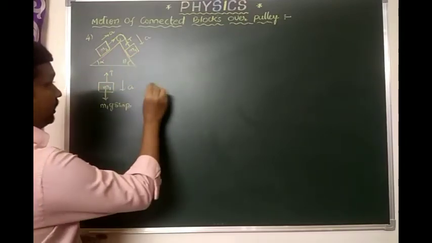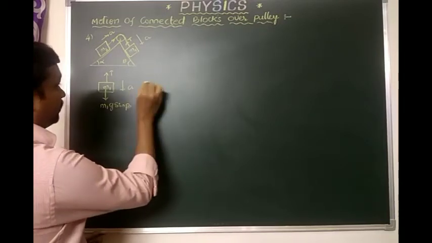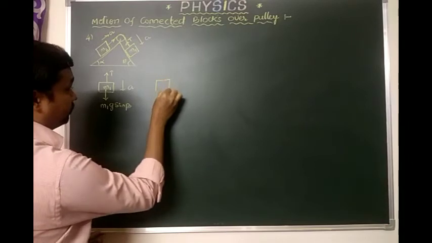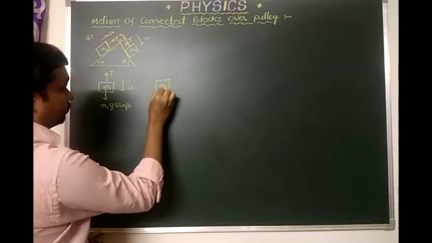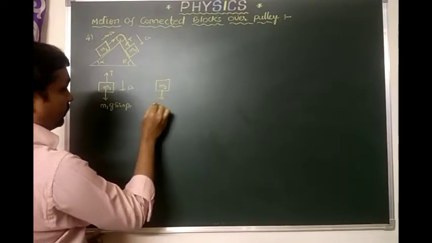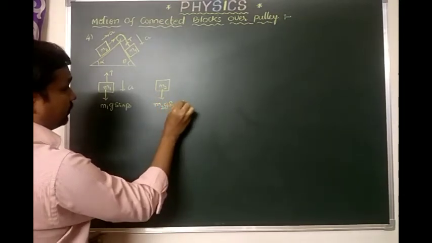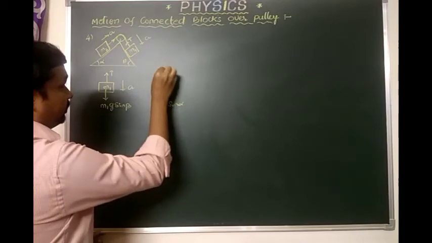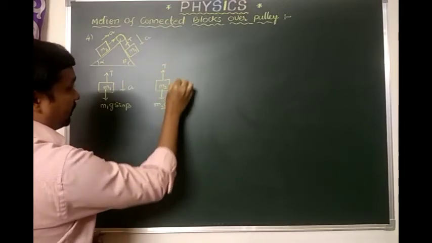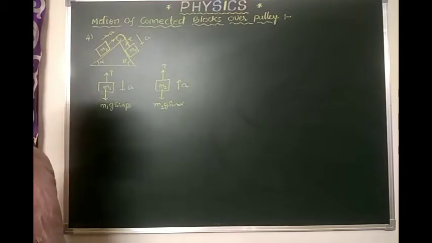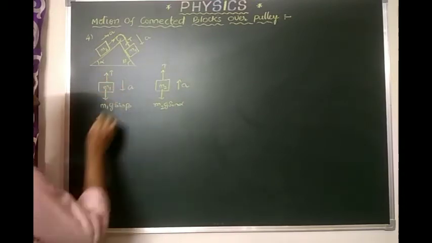Okay, similarly we can take a free body diagram of m2: m2g sin alpha, tension is in upward direction, acceleration is in upward direction, so that we will get two equations. What is the net force acting on this?